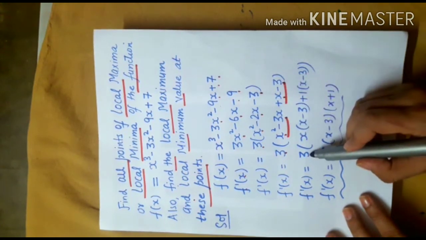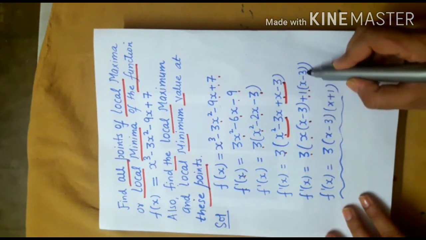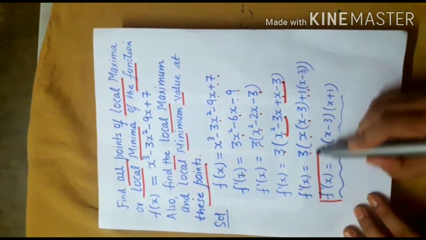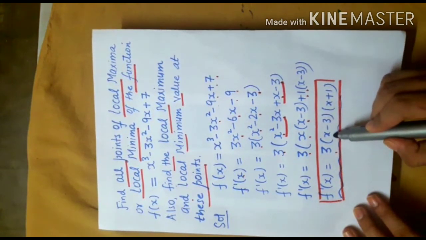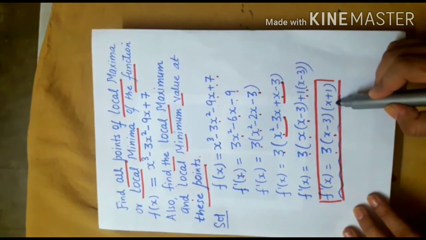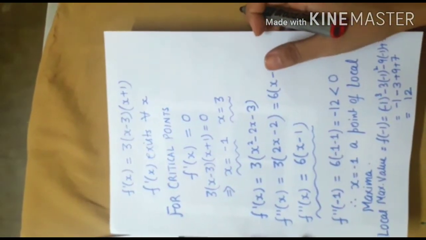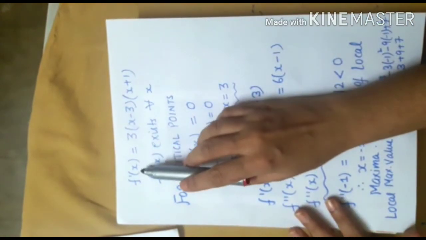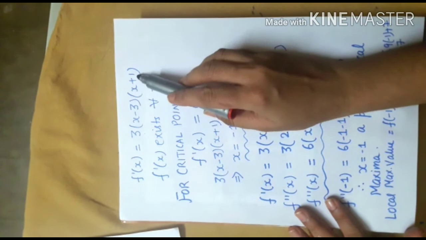So here I'll get x into (x minus 3) plus 1 into (x minus 3). So f dash x is equal to 3 into (x minus 3) into (x plus 1). So the derivative of the function f(x) is 3 into (x minus 3) into (x plus 1).